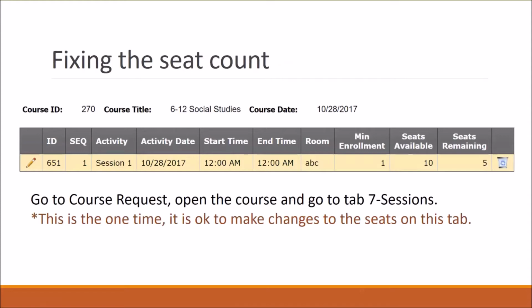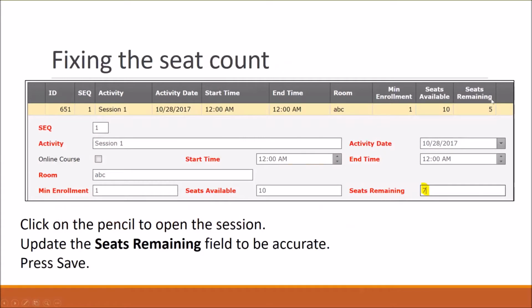We don't like to do this because it can make inaccurate data, but since we have inaccurate data, this is the one time we need to fix it, because we've checked it using our report, so we know what the total should be. So we would click on the pencil and open this record and adjust the 5 and make it 7, so that our math, 10 minus 3 equals 7, not 5. And then we would save our changes.